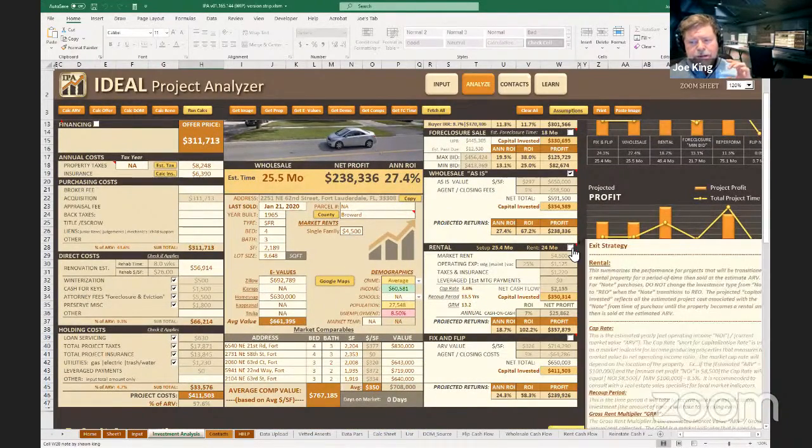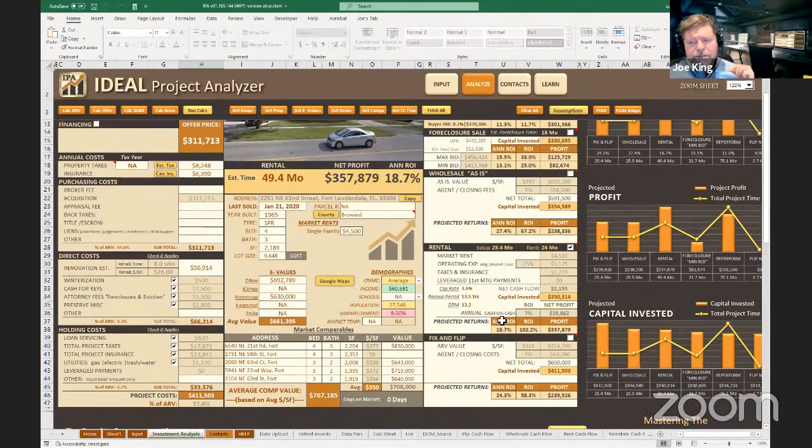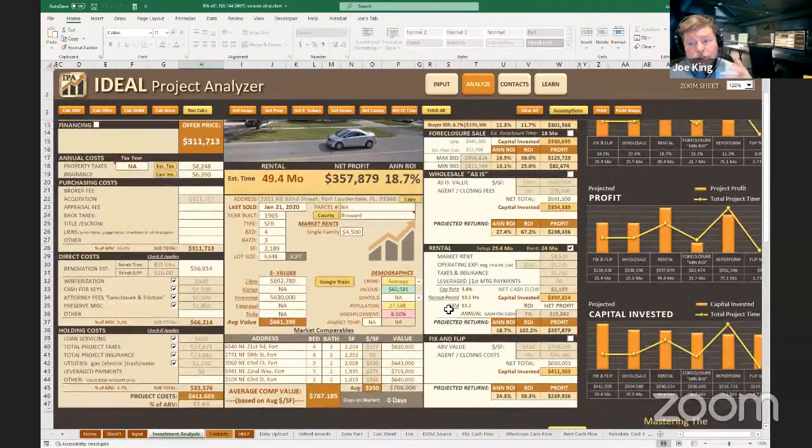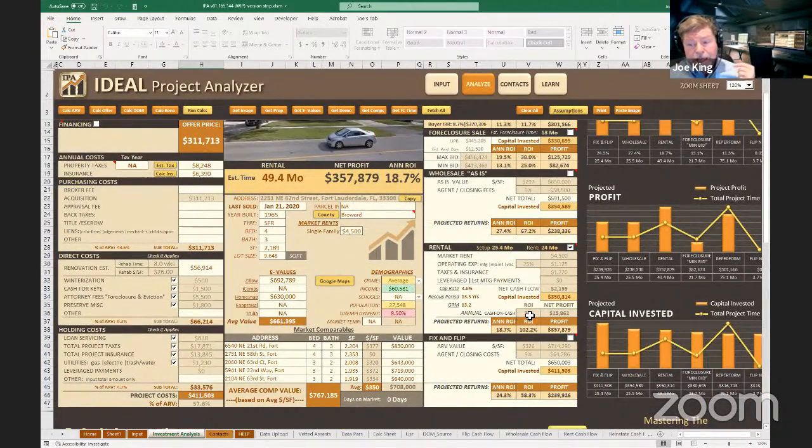If we were to rent it, now here's where it gets interesting, because this rent actually looks pretty high compared to what's going out the door. So we're looking at a cash on cash of about 7%. We're looking at a yield of 18.7%. We're looking at a cap rate of 3.6, which is okay.